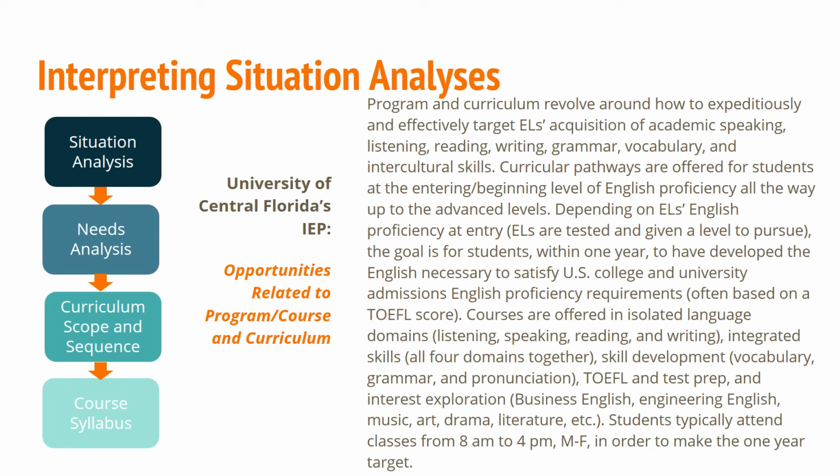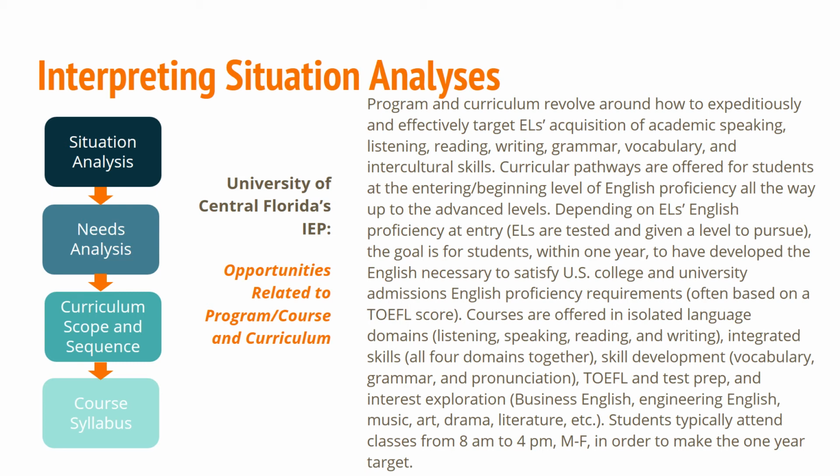So program and curriculum at CMMS revolve around how to expeditiously and effectively target ELs' acquisition of academic speaking, listening, reading, writing, grammar, vocabulary, and intercultural skills. Curricular pathways are offered for students at the entering, beginning level of English proficiency to the most advanced levels.